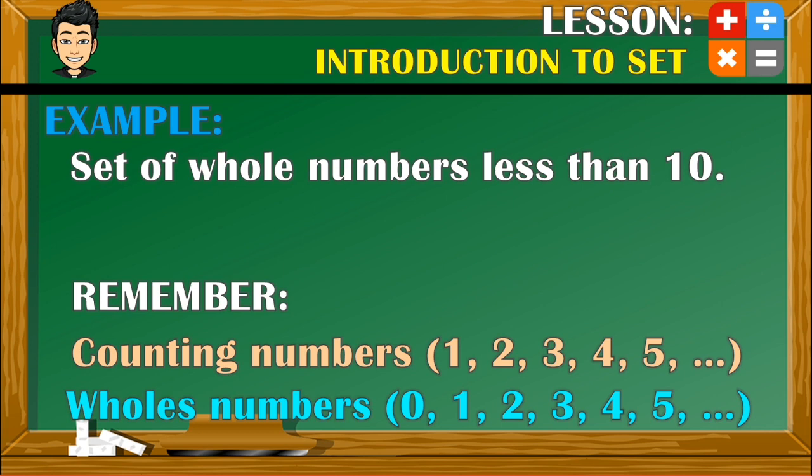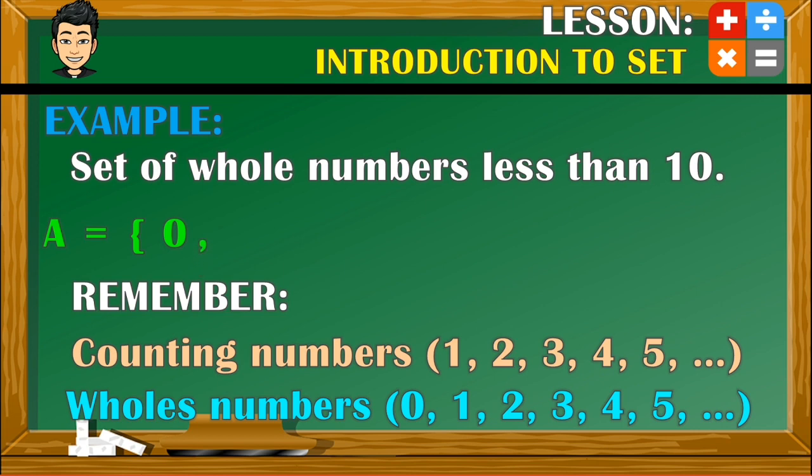To represent a set, we always use any capital letter. In this case, I will name our set as set A. Then we write equal sign, followed by an open bracket. Since we are talking about the set of whole numbers less than 10, we write 0 as our first element.